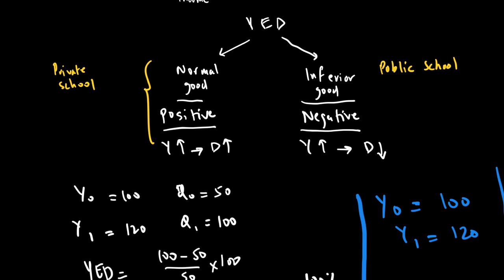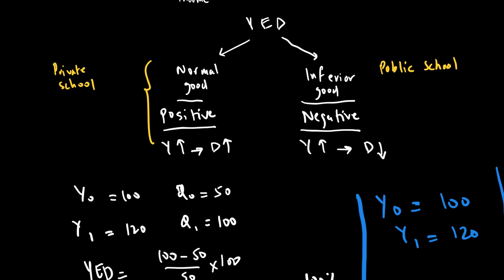So when incomes go up, people drive more of their cars, leading to a rise in demand for private transport. But if incomes are going down, people may resort to using public transport, which means a rise in demand for an inferior substitute, which is public transport. So inferior goods demand will fall, and normal goods demand will rise when income rises.